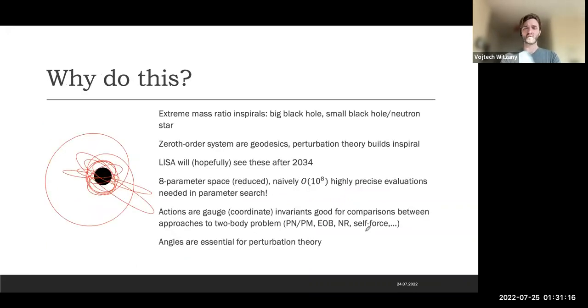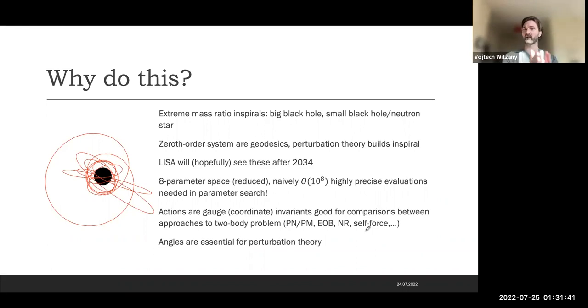So most of you who are watching this video at the LISA symposium probably know about extreme mass ratio inspirals, which are inspirals of stellar mass compact objects into massive black holes, such as those at the centers of galaxies. So you have, for instance, a neutron star, and it slowly inspirals into the central black hole.